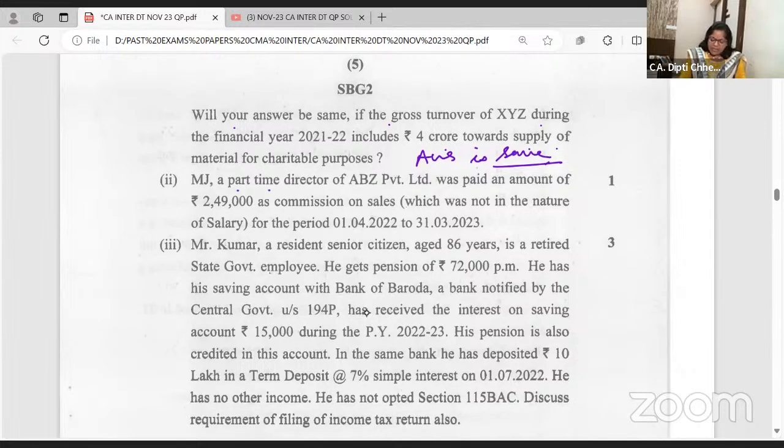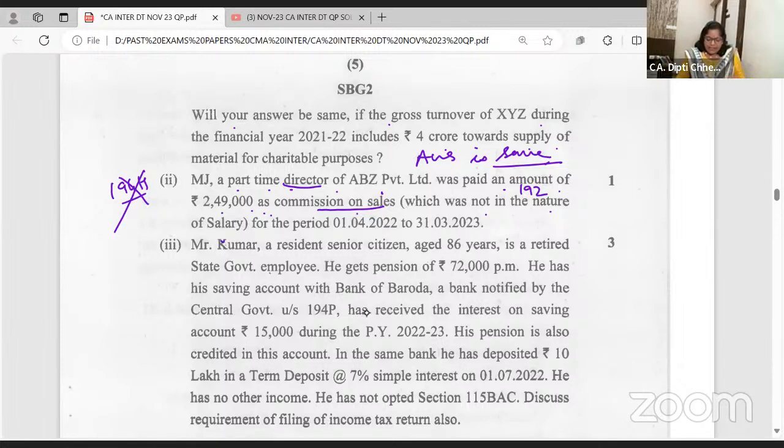Now, MJ, a part-time director, was paid an amount of 2,49,000 as commission on sales. Commission on sales, students will think 194H. It's wrong. He's a director, and the payment was not in the nature of salary. If a director receives anything in the form of salary, TDS is deducted under 192.